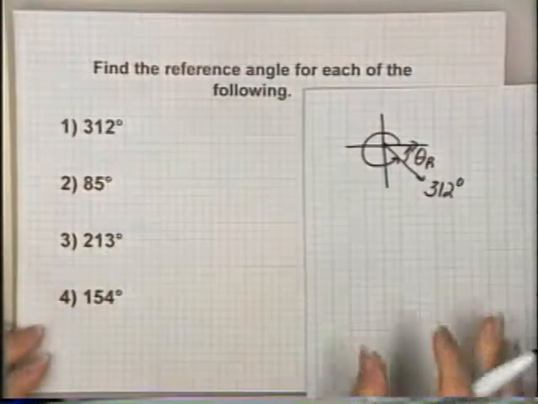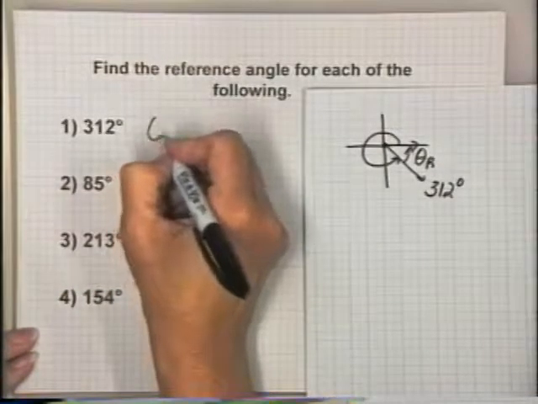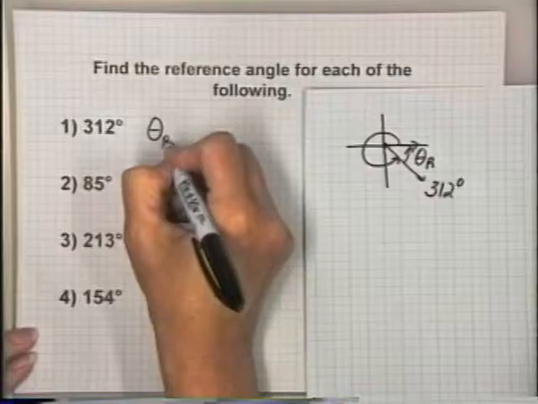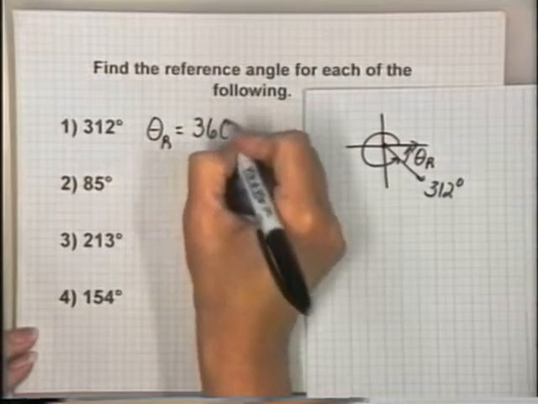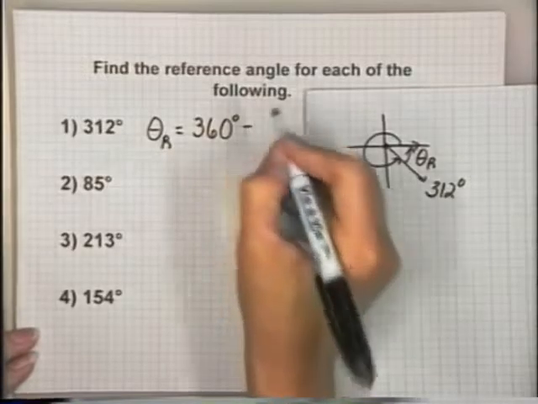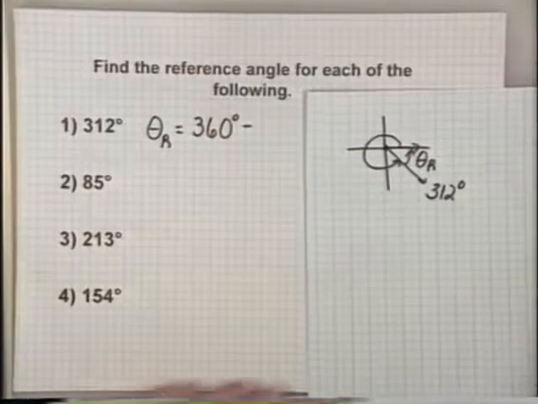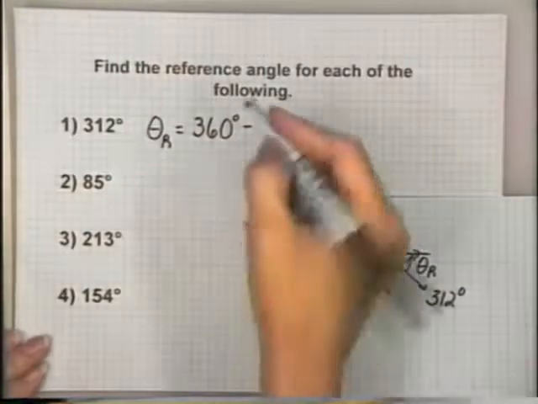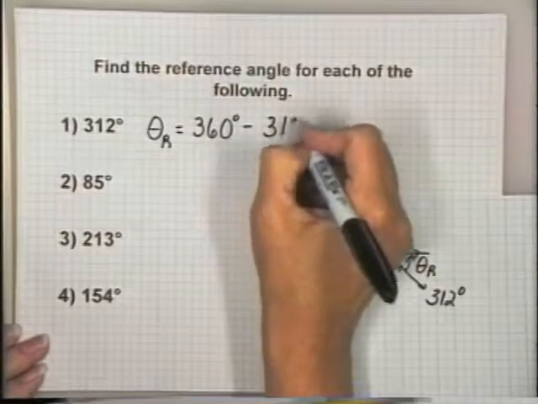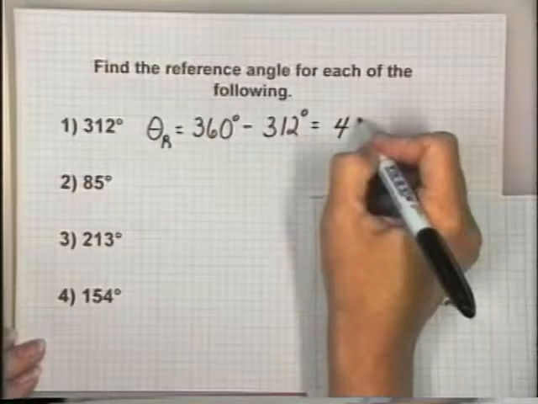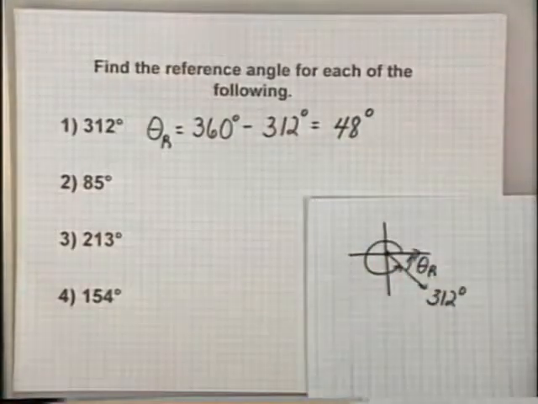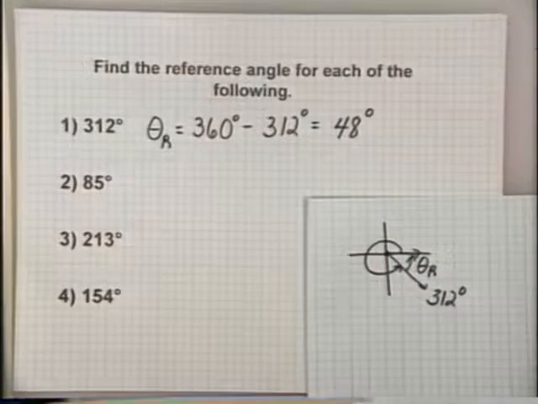And remember to find the reference angle for a fourth quadrant angle, we say 360 degrees minus our fourth quadrant angle. Did you get 48 degrees for the reference angle?